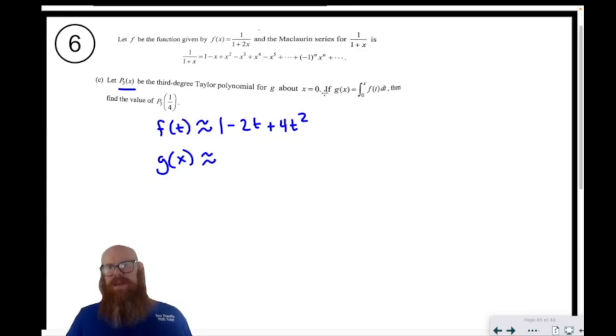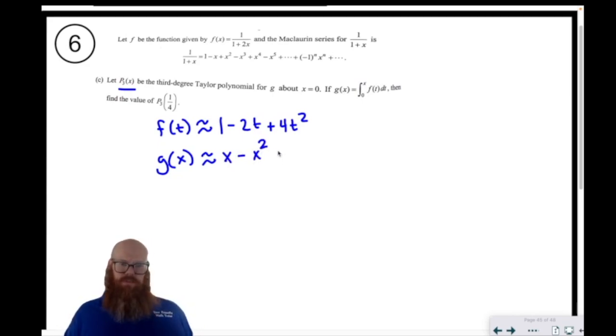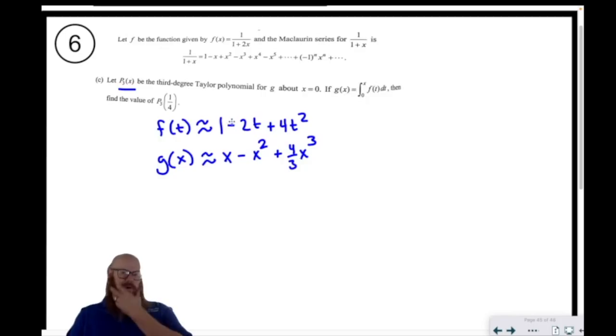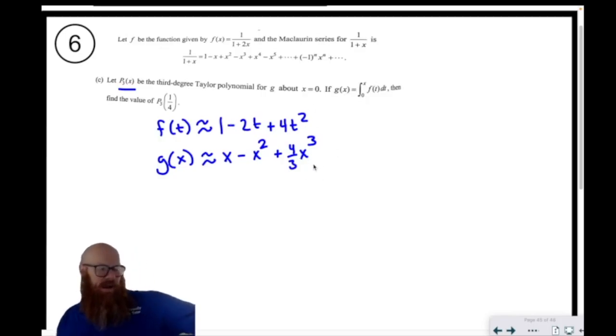And then if I integrate that, I just get x minus x squared plus 4/3 x cubed. And that is our third degree Taylor polynomial. That's why I stopped at squared, because if we need third degree and I'm integrating, which adds to my exponent, then I know that I can just stop there. All right, so that's my third degree Taylor polynomial approximation of g.